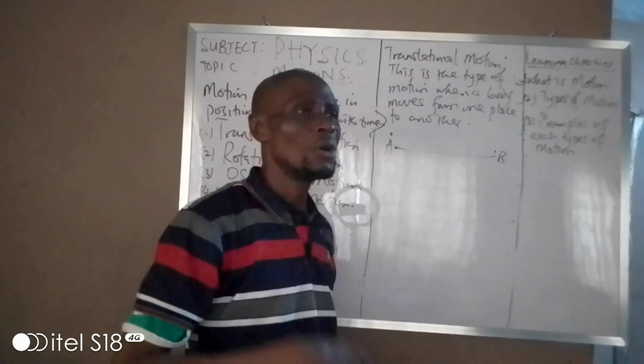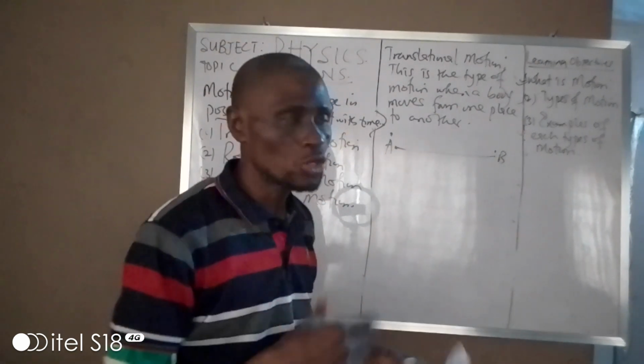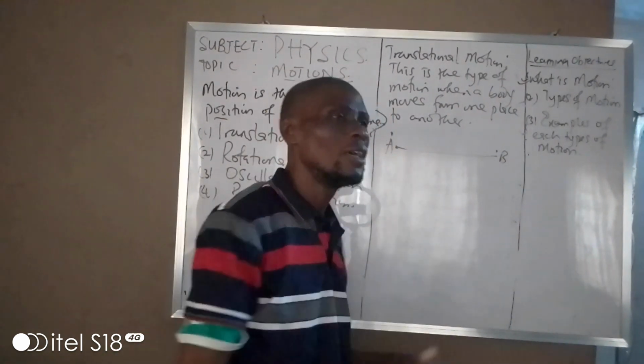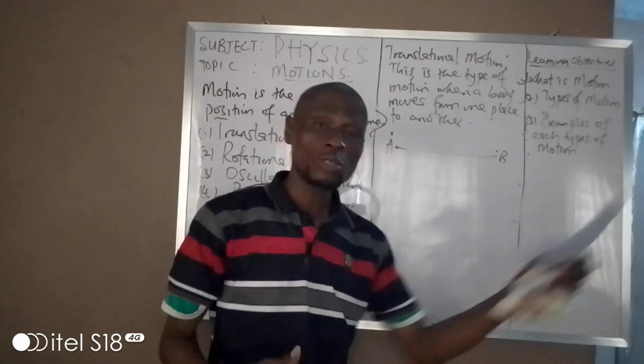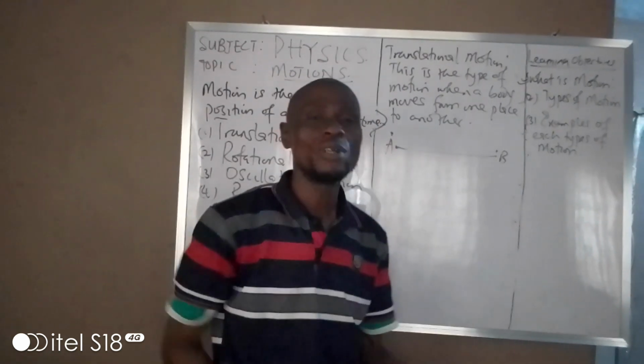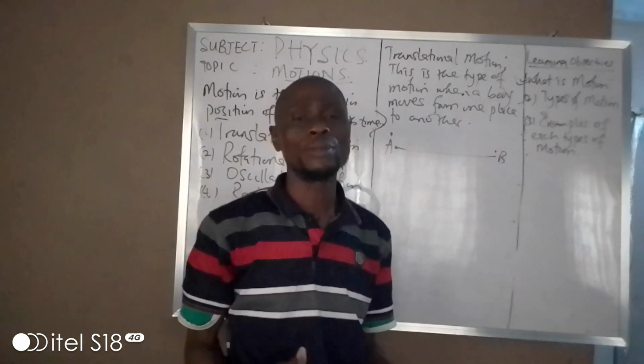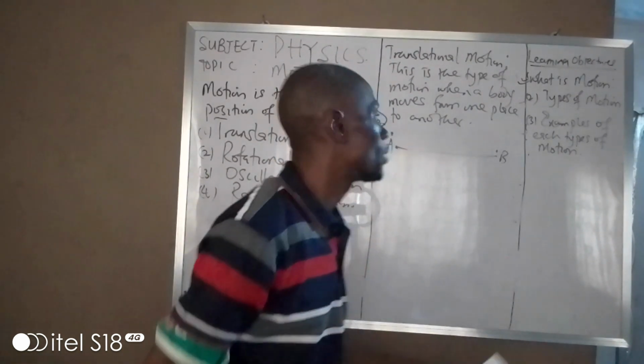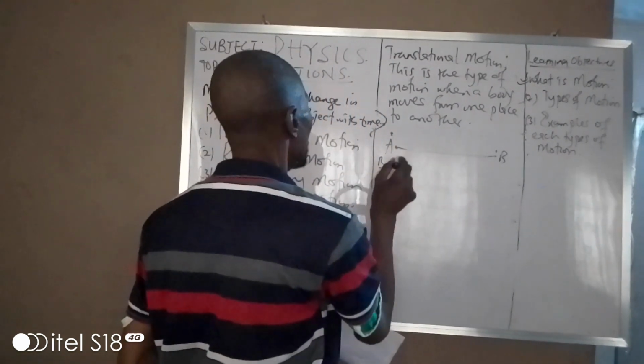The example is the movement of a boy or a student from one classroom to another. If I decide to move from this place now to the next place there, we can call it translational motion.